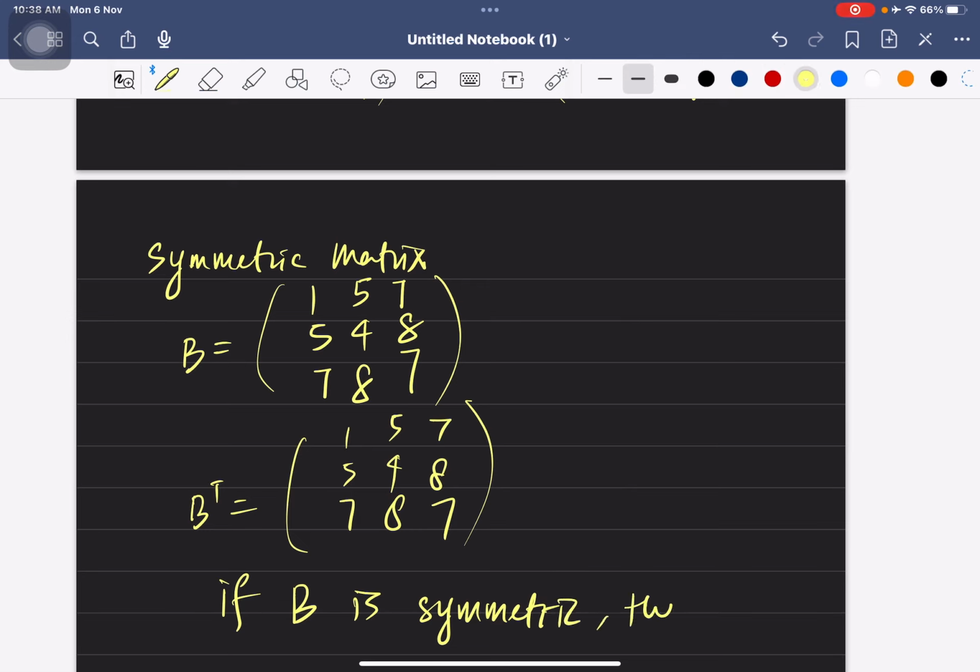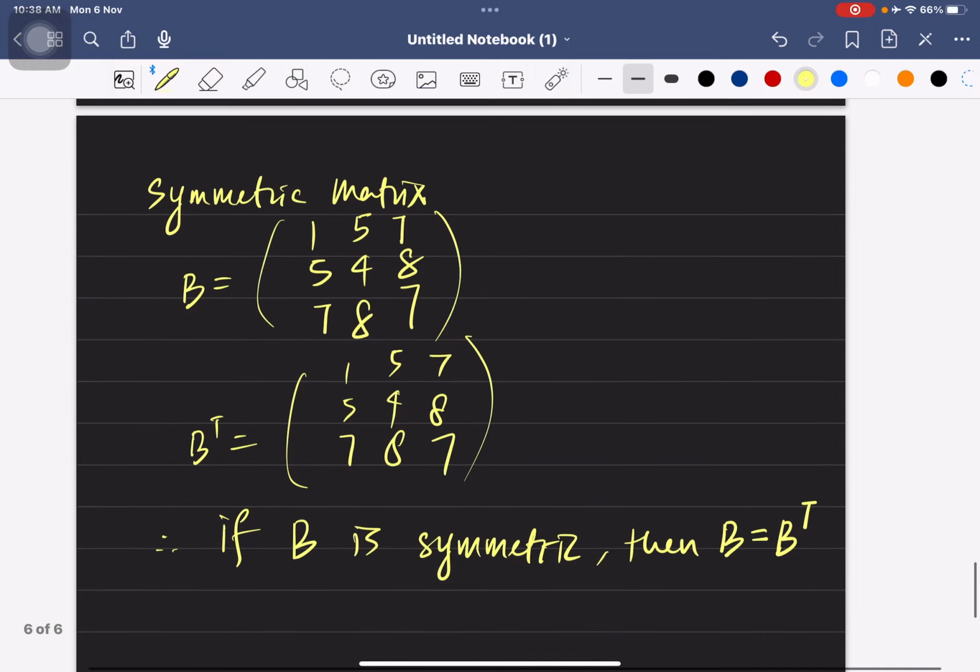So if B is symmetric, then matrix B is the same as the transpose of matrix B. You must know this property. If they say a matrix is symmetric, you must know the transpose will look exactly the same as before, but only if they are symmetrical about the leading diagonal.